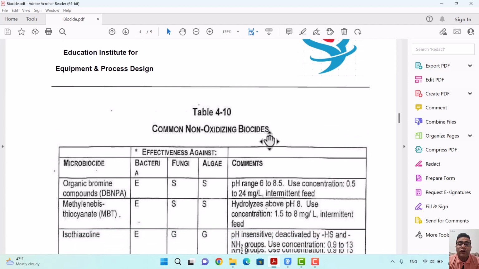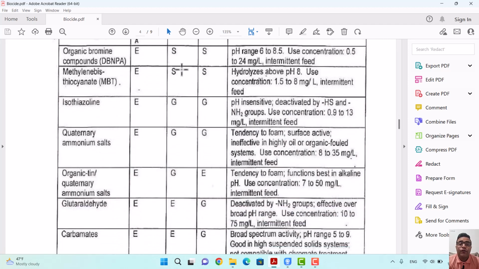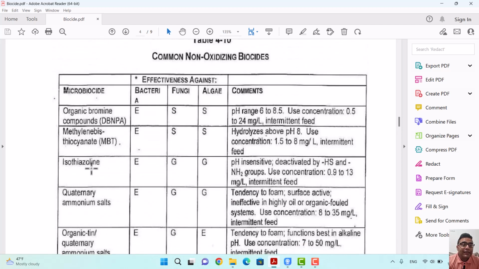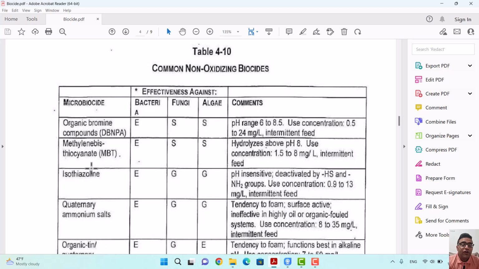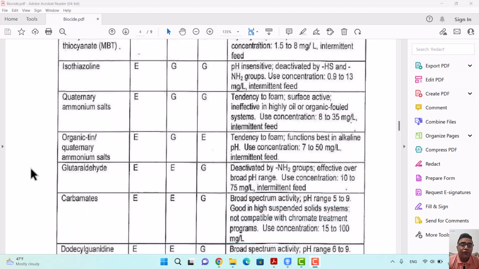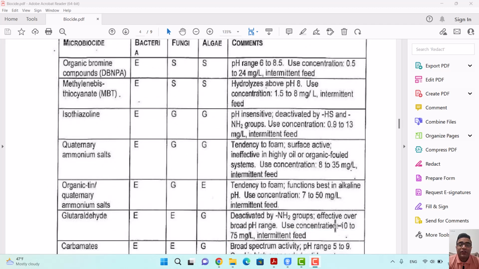Then we talked about four of the most commonly used non-oxidizing biocides: isothiazoline, quaternary ammonium salts, DBNPA, and glutaraldehyde, and the environment in which they are active against this kind of bacteria, fungi, and algae.